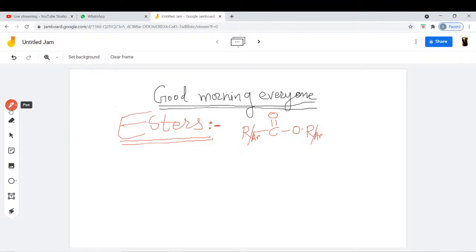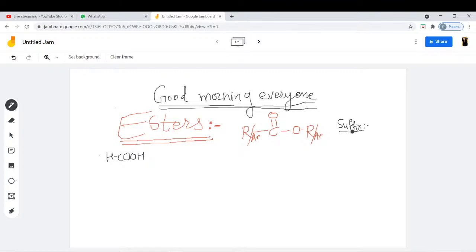Let's talk about the examples and nomenclature. First carboxylic acid, the one carbon carboxylic acid HCOOH, which you call formic acid. In the esters, formic acid becomes formate, ethanoic acid becomes ethanoate, propanoic acid becomes propanoate, butanoate, pentanoate, like that. Esters have a suffix.